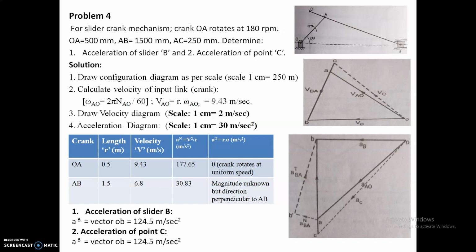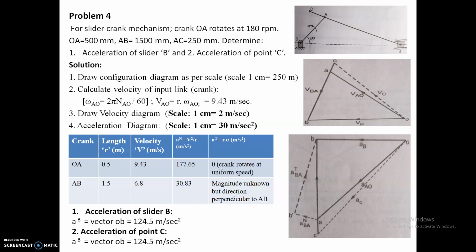Where is the direction? It is finalized based on the direction of omega. In the problem, the crank OA is given rotating anticlockwise. So as per the direction of omega, you take the length for OA.